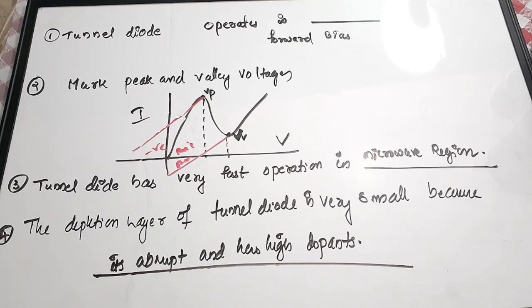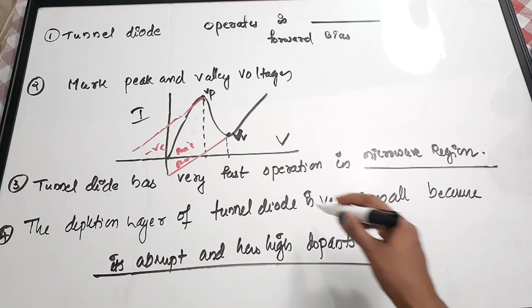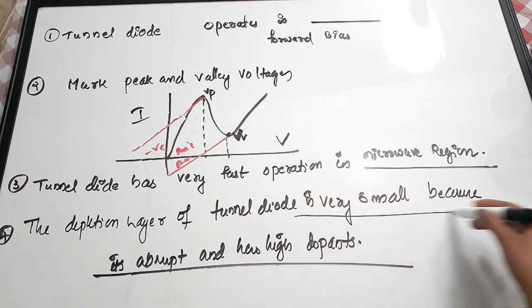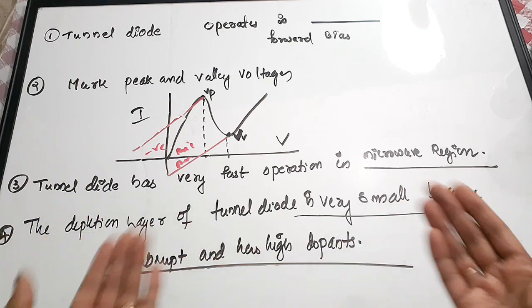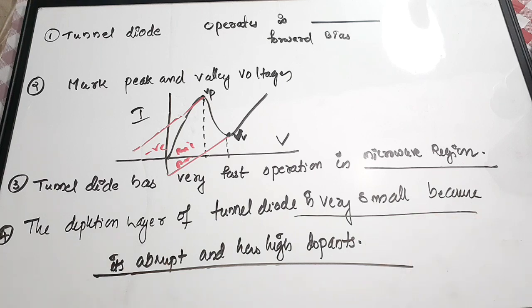The next question is very important: the depletion layer of a tunnel diode is very small, because... From the question itself there is an important point, the depletion region of the tunnel diode is very small. Now why is it very small? Because of the heavy doping. You should know that there is heavy doping in a tunnel diode. Due to that heavy doping there is a slight alignment of the conduction and the valence band.